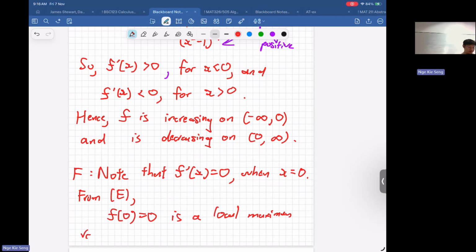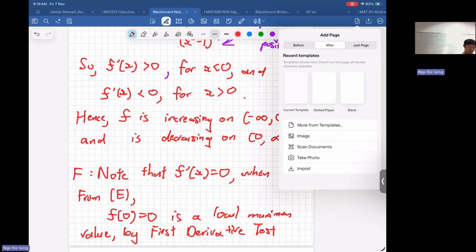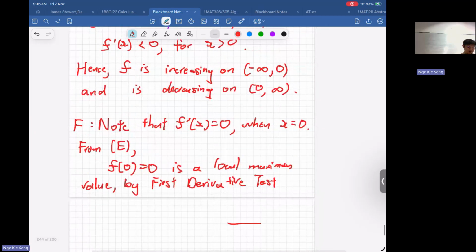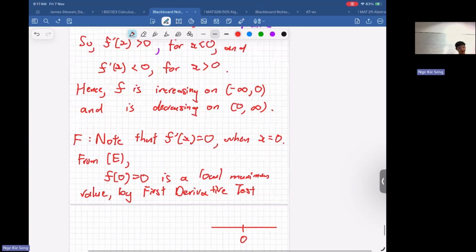So why? Let's recall the first derivative test. What does the first derivative test do? Maybe you can draw an x-axis here, and draw your local maximum point here, which is 0. Just now we determined that on the right-hand side of 0, we get decreasing, which is a negative first derivative.